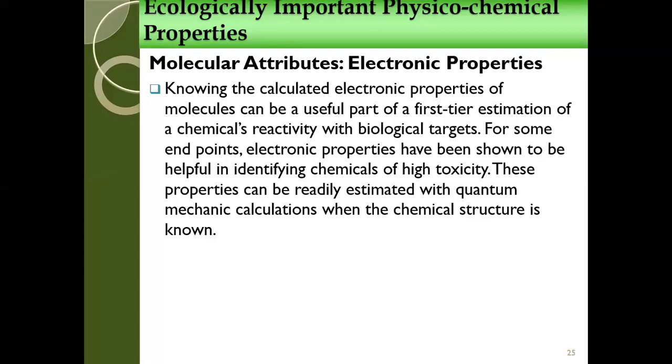Like in the case of partition coefficient, for instance, if I give you the various partition coefficients of certain chemicals, you'll be able to predict how that material can affect a biological substance, how fast it can be transported, or how it can behave in the environment.